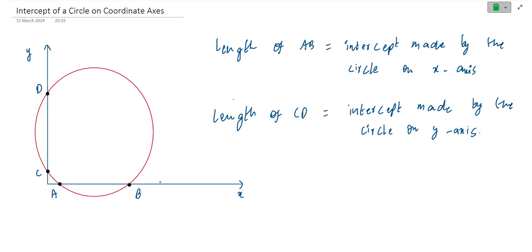So we have to find the length of AB to find the intercept made by the circle on x-axis, and we have to find the length of CD to find the intercept made by the circle on y-axis.